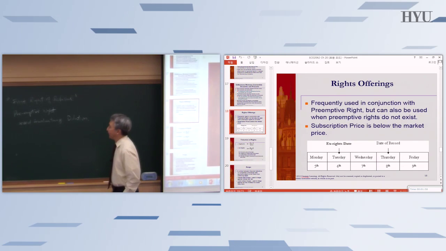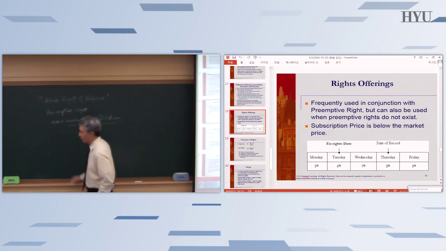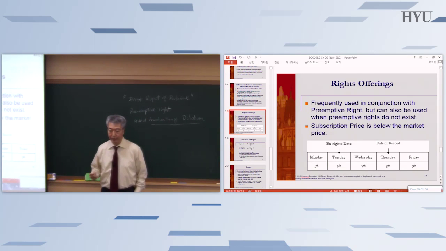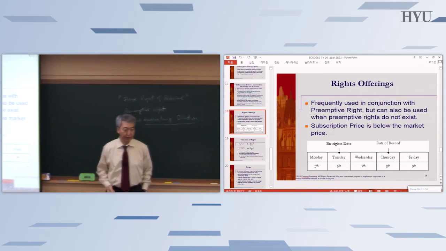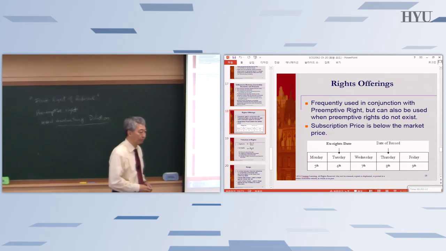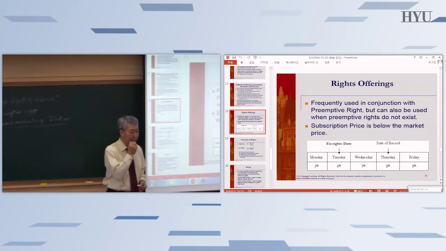I'm pretty sure you remember the concept of involuntary dilution, right? When a company issues additional shares, then the percentage of existing shares goes down, so EPS becomes lower, because now you have more shares outstanding in the market.